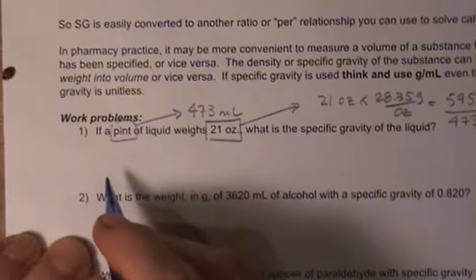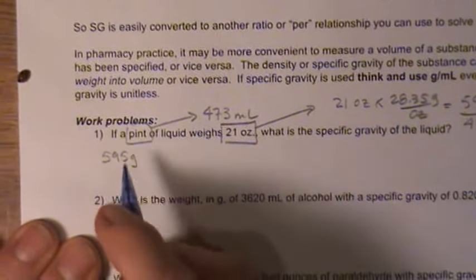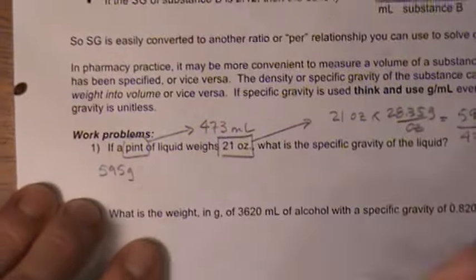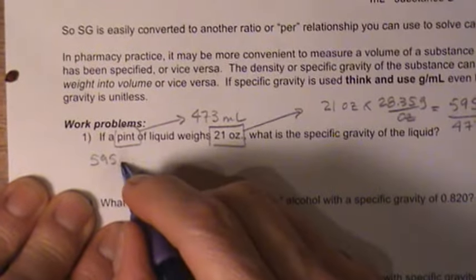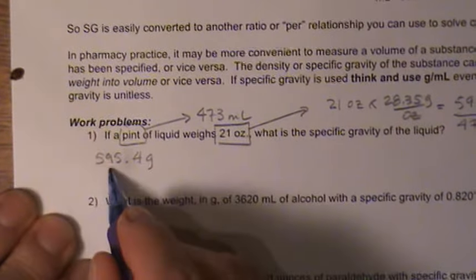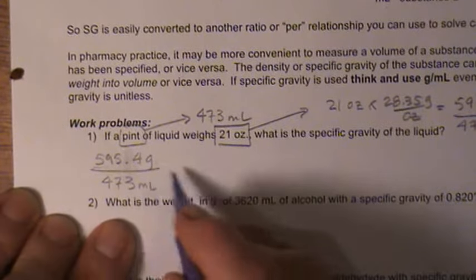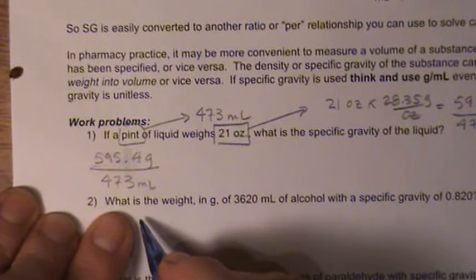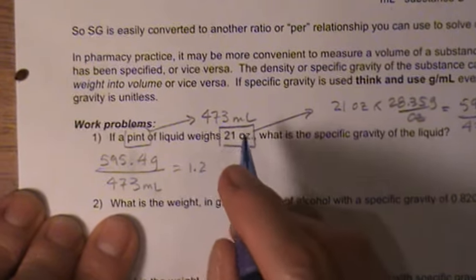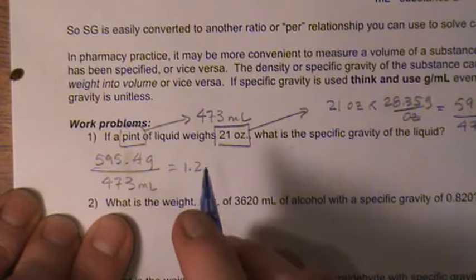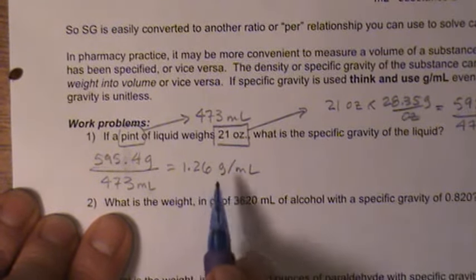So 595.4 grams per 473 mils. And if I divide this, that comes out to 1.26 grams per mil. Okay? So that is my density.